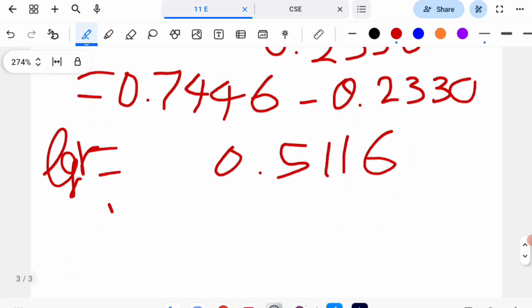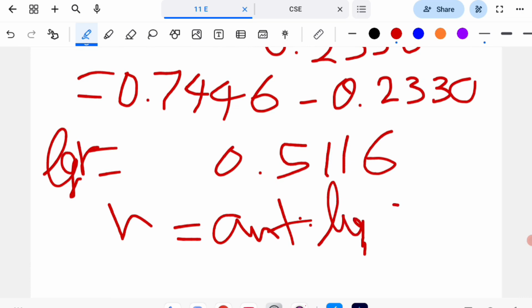Then we can find R value. R is antilog 0.5116. We can find the antilog value, ten to the power.